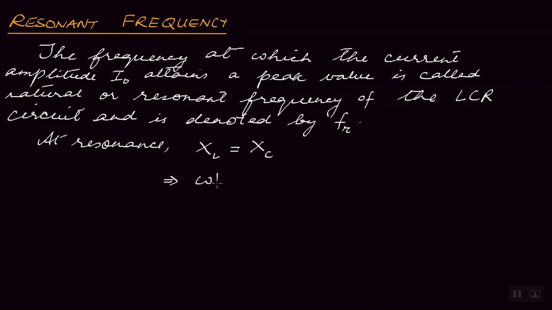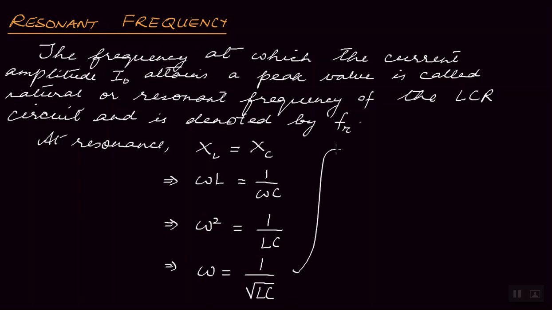XL, we know it is omega L. XC is 1 by omega C. So you have omega square is equal to 1 by LC, or omega is equal to 1 by root LC.